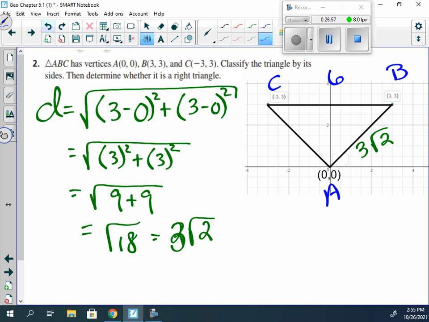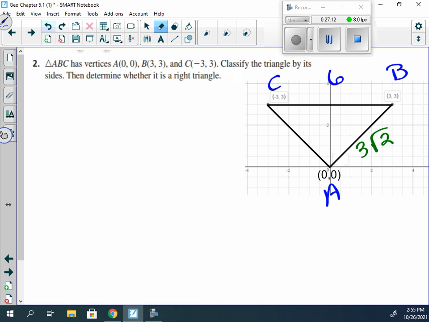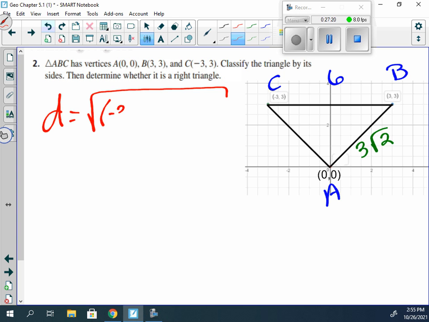Any questions on how we found the distance from B to A? Now we need to find the distance from C to A, because we need to find the last distance. Our x values for C and A are negative 3 minus 0, squared.